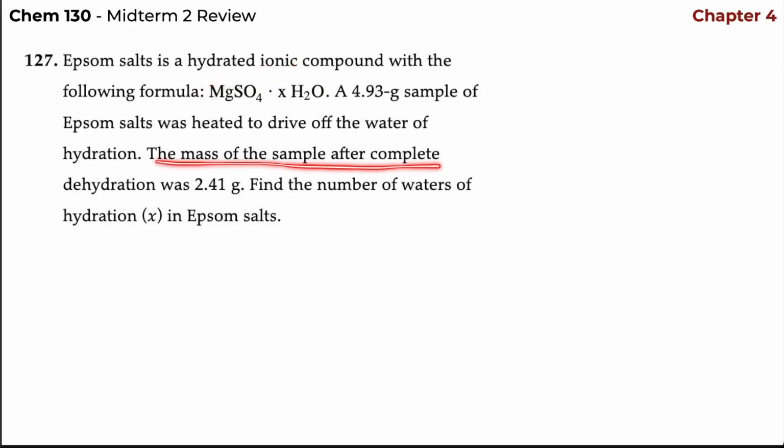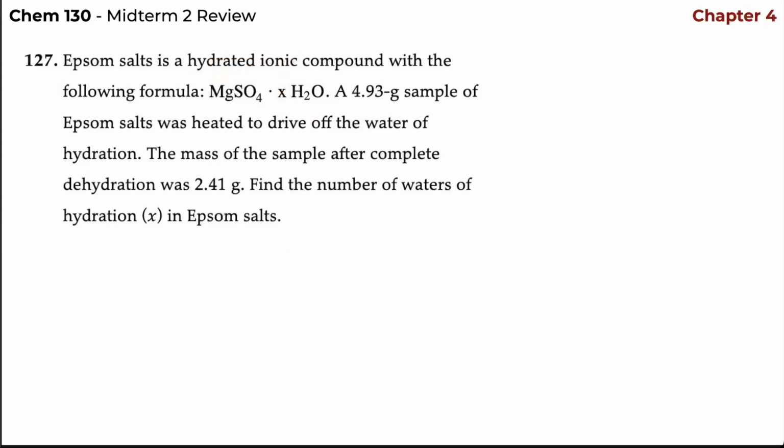The mass of the sample after complete dehydration. What does dehydration mean? That means we got rid of the water. So we get rid of the water, and this is just 2.41 grams. So if this is 2.41 and the total is 4.93, then how do we find how much water there was? Well, it's simple. It's just 4.93 minus 2.41.